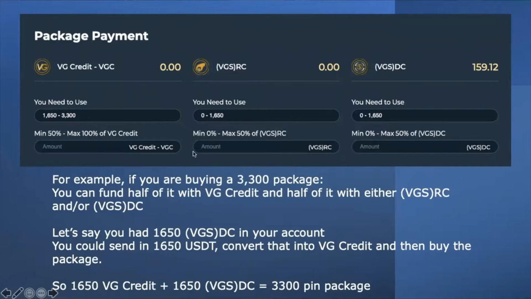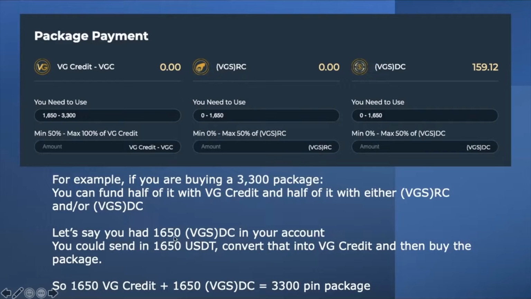I just wanted to show you guys how it works. So let's say it's a $3,300 package and you can fund 50% or more of it with VG credit, which is what most of you have done. You funded with USDT and converted into VG credit. And you could fund up to 50% of it with VGS RCs or VGS DCs.